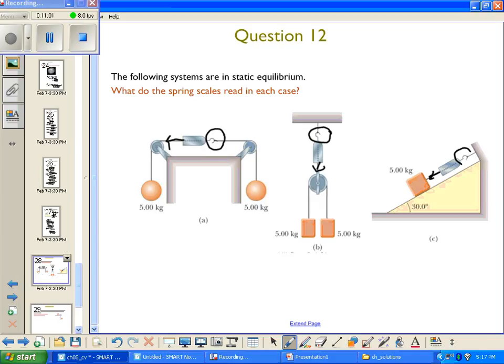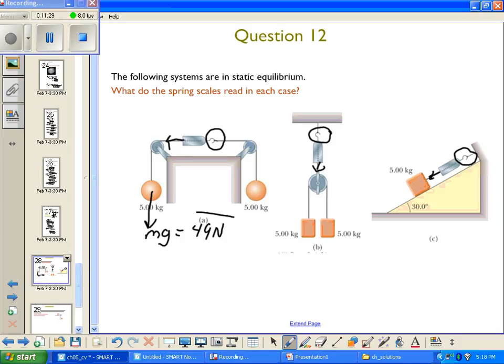All we care about is what is the force that is pulling on the end of the spring scale that registers a value. So here we begin, and we see that the pulling here is the tension of the rope, which is a direct result of the weight of this mass, 5 kilograms times 9.8 meters per second squared, is 49 newtons.